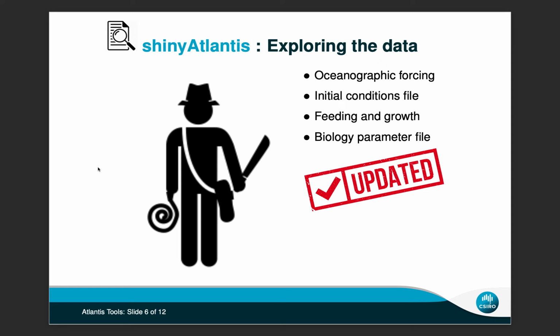So technically the Shiny Atlantis is a tool being built to work with the input that you are using for Atlantis. It's very useful not only to build an Atlantis model, it's also really good to check an existing Atlantis model. It's really easy to pick up any issue that you have in the model.